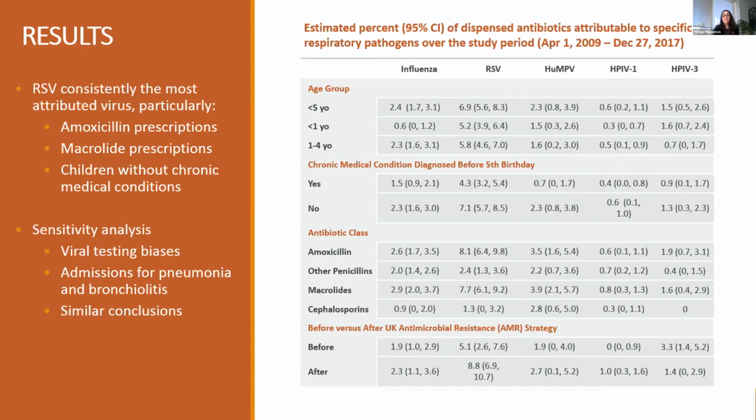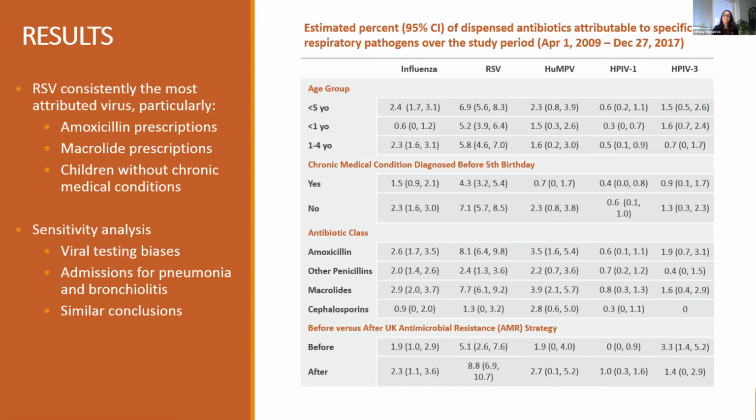So as you can imagine, antibiotic prescribing behaviors are going to be very different for children that have chronic medical conditions versus those that are otherwise healthy. We also looked at differences according to antibiotic class. Again, as you can imagine, there's going to be different indications for different antibiotics. And then finally, something I haven't mentioned yet was that in 2013, the UK introduced a 5-year antimicrobial resistance strategy. And so we looked to see if there were differences before versus after the introduction of this strategy.